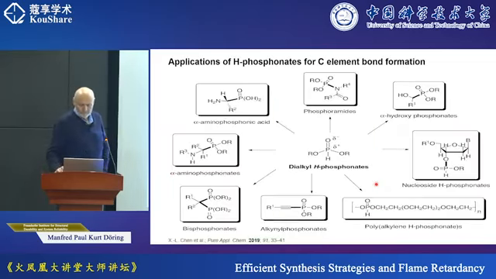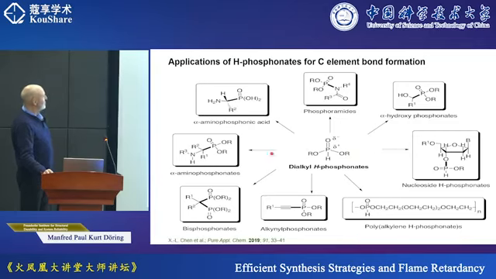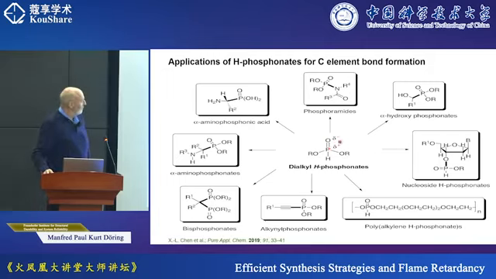Okay. Now here are a couple of reactions starting from phosphonates, for example, from that molecule. A lot of them are already known, but I'd like to show you what is going on if you want to synthesize such a compound, for example, an amide.